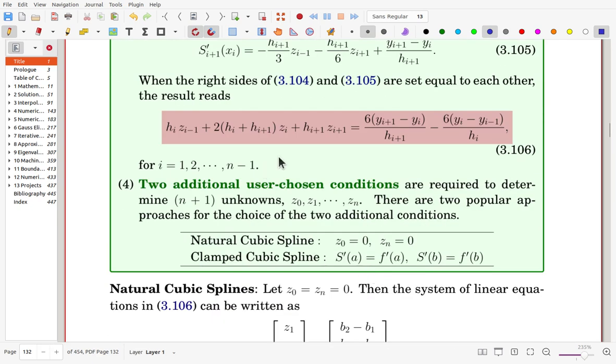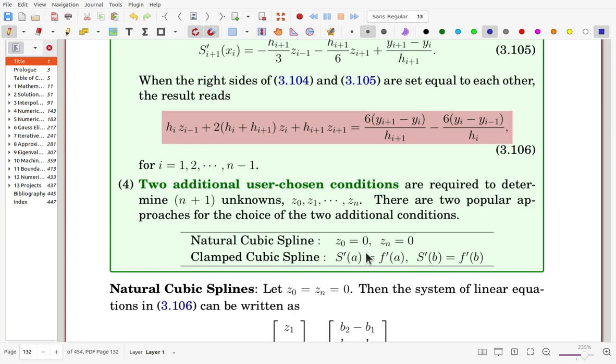But the unknowns are z0 to zn, n+1 unknowns. So we need 2 extra equations. You may try to give z0 and zn, the left end point and right end point. We may assume that the second derivative is 0.